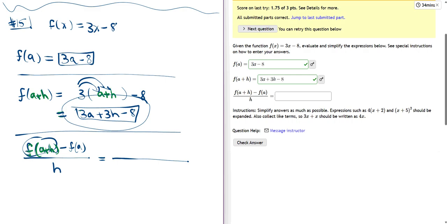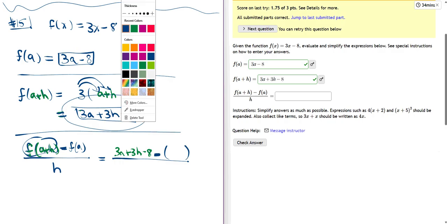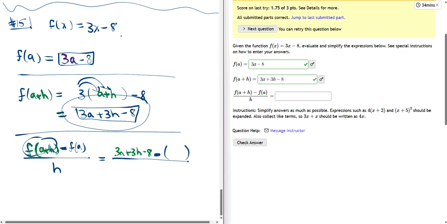So that's 3a plus 3h minus 8. Then it says minus, right here. So now I'm going to put something else after the minus sign, and that will be just regular f of a. F of a is up here, 3a minus 8, right? So I want to make sure that what I plug in after the minus sign is kept in a quantity for that step. And then I've got the h in the bottom.